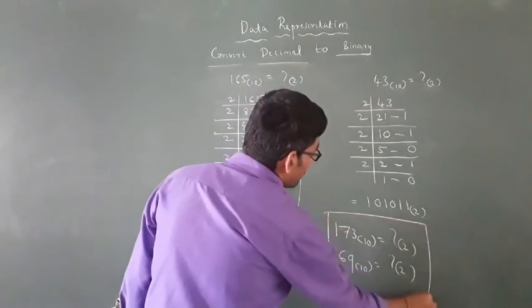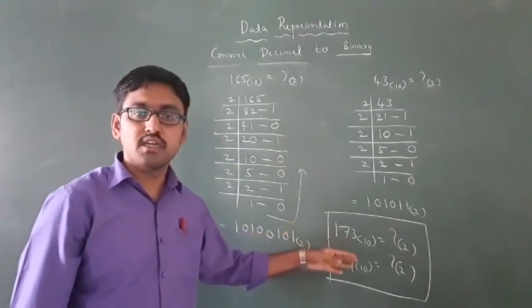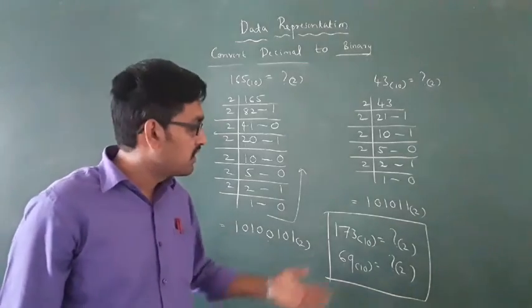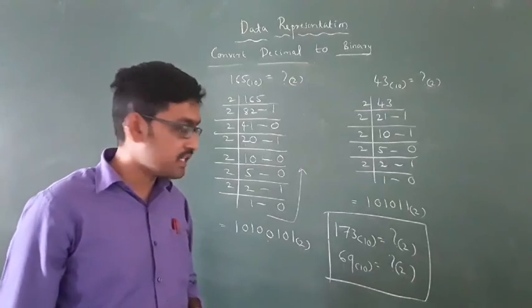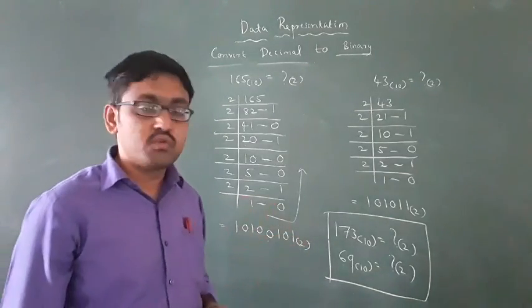These are the assignments. Do these assignments and send them to my WhatsApp number. 173 you have to convert into binary, then 69 you convert to binary.